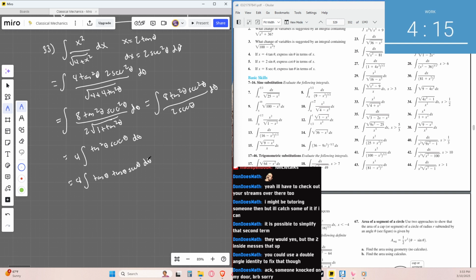Because if we did u for secant, the u would take over the secant, but then we're left with 2 tangents here. And we can get rid of one of the tangents. Now if we did tangent, then it would be squared. No.